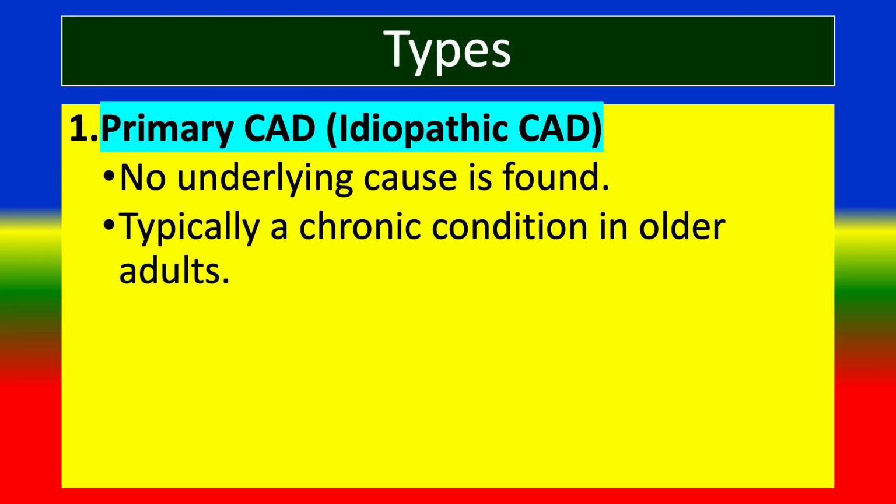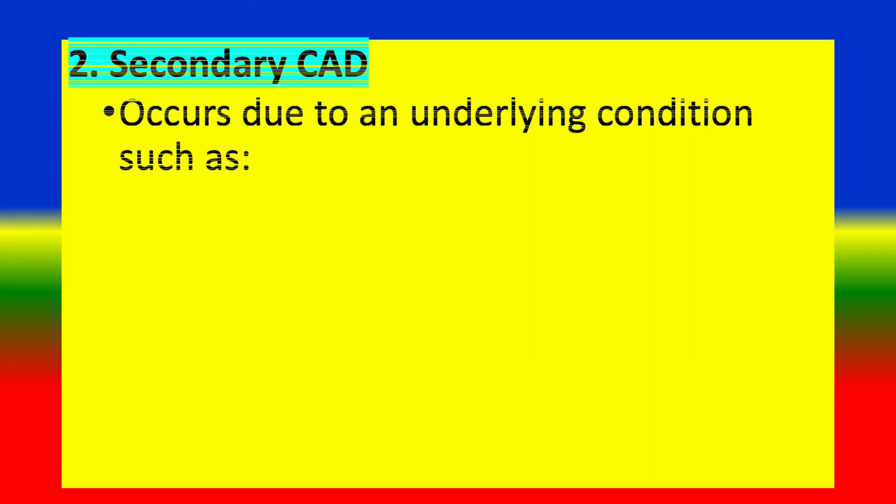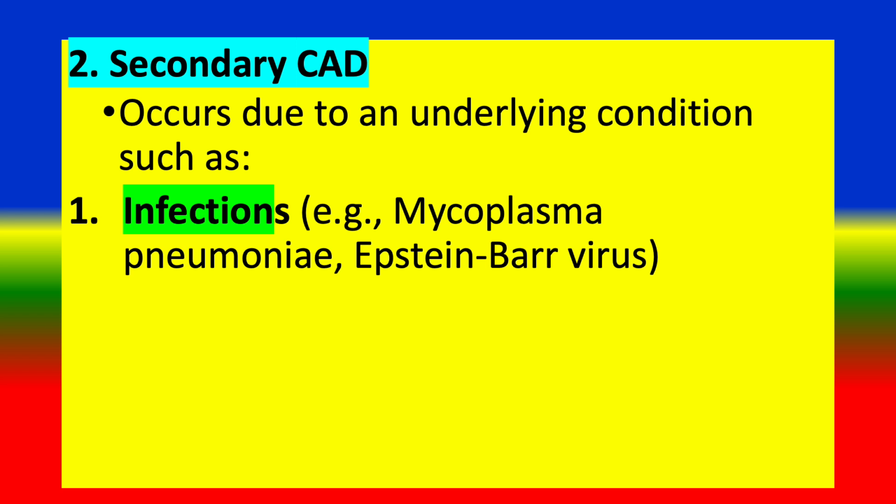Types: 1. Primary CAD. Idiopathic CAD. No underlying cause is found. Typically a chronic condition in older adults. 2. Secondary CAD occurs due to an underlying condition such as 1. Infections.